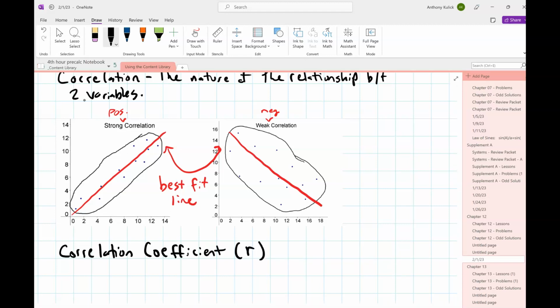And we abbreviate the correlation coefficient with the lowercase letter r.